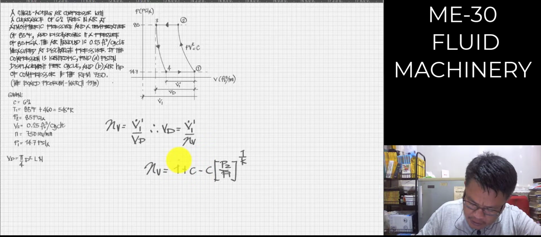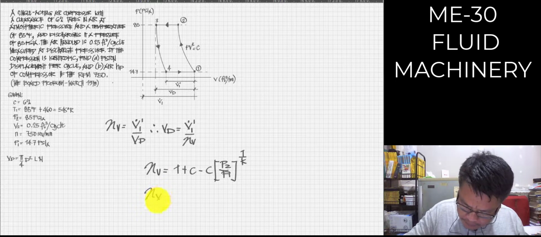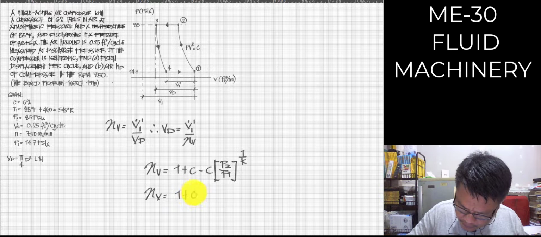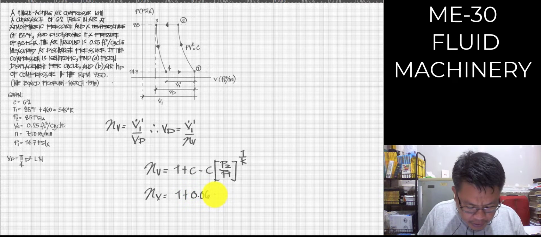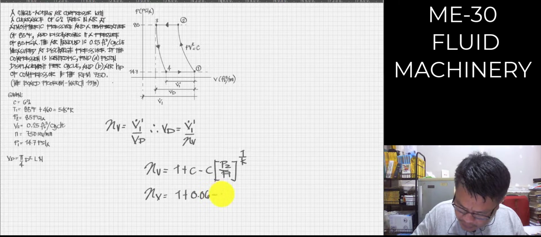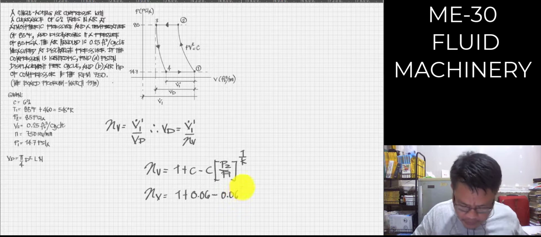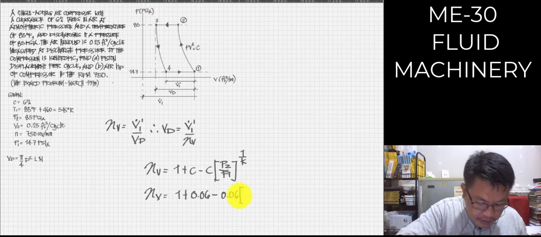Let's substitute the values here. So we have the volumetric efficiency, that will be 1 plus 0.06, then minus 0.06. Then we shall multiply this one by the pressure 2.